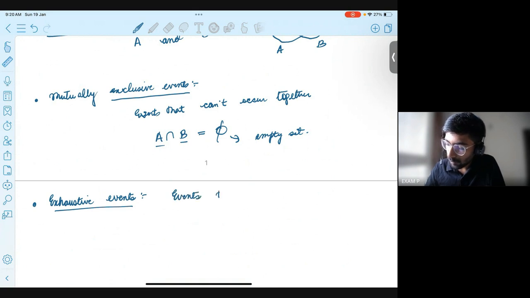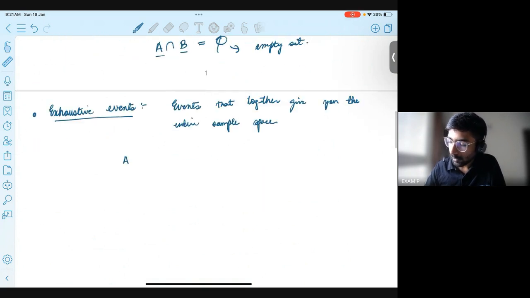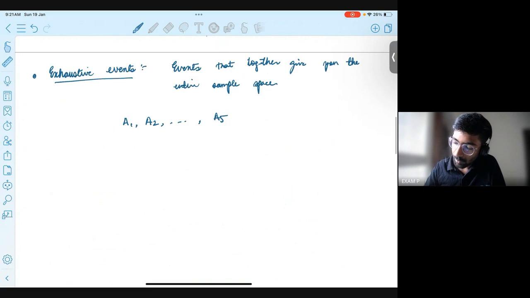Now, if there are, let's say, A1, A2 to A5, then these 5 events, A1 to A5, are called exhaustive if the union of all these, A1 union A2 union A3 union A4 union A5, gives you the entire sample space.